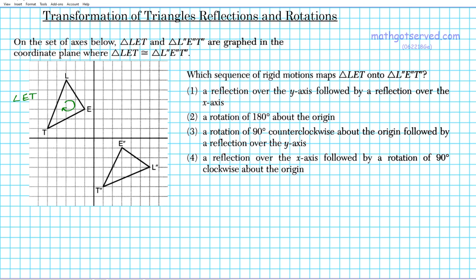Starting from L and going clockwise, we have L double prime, T double prime, E double prime. So you notice that the orientation is not preserved.